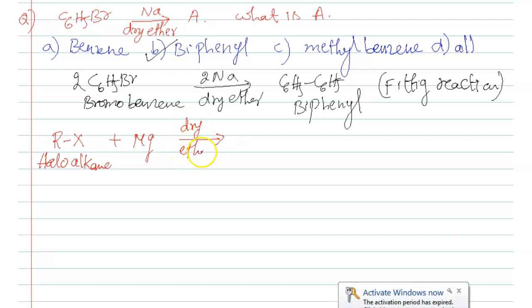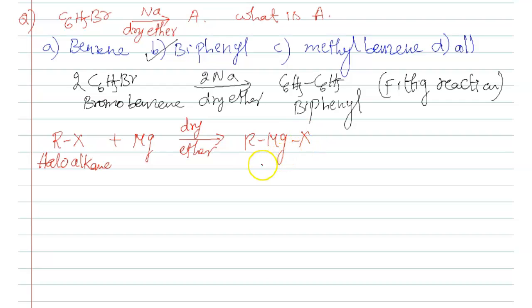Dry ether here we are using as a solvent, students. So we can get RMgX. R means alkyl, Mg magnesium, X halide: alkyl magnesium halide, and another name of it is Grignard reagent.